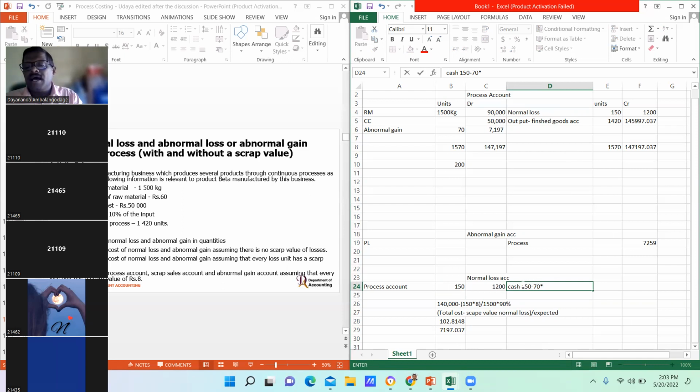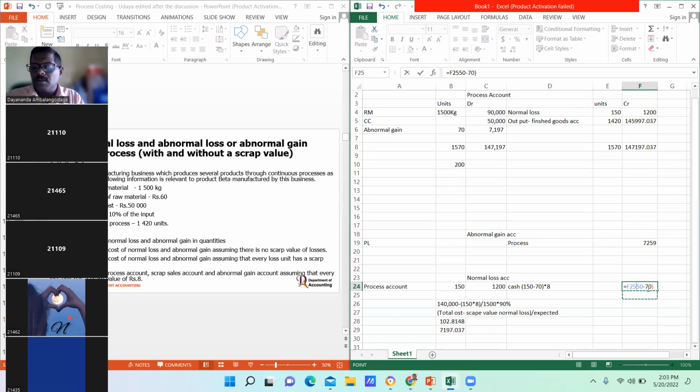150 is the normal loss units, 70 is the abnormal gain units, multiplied by 8 rupees, that is what you are getting. So thereby you enter the formula: 150 minus 70, into, really we have to put a small bracket, otherwise our logic is wrong.